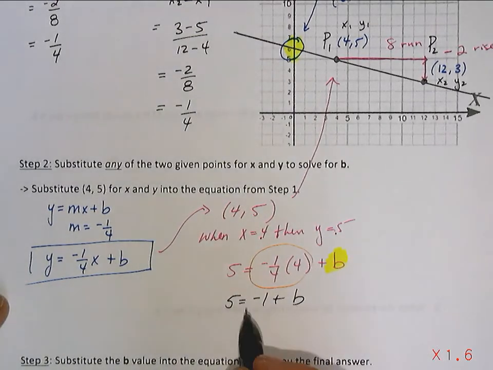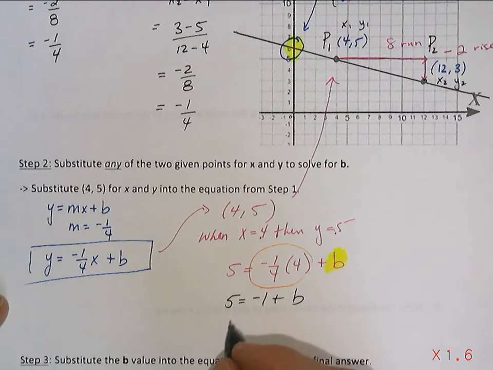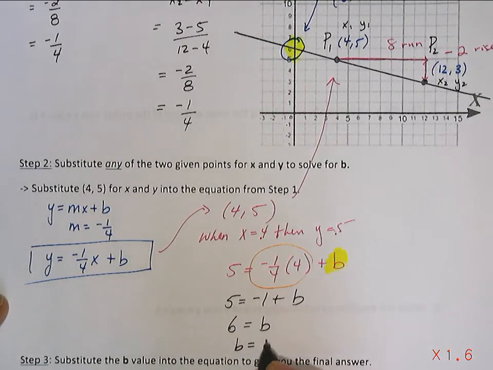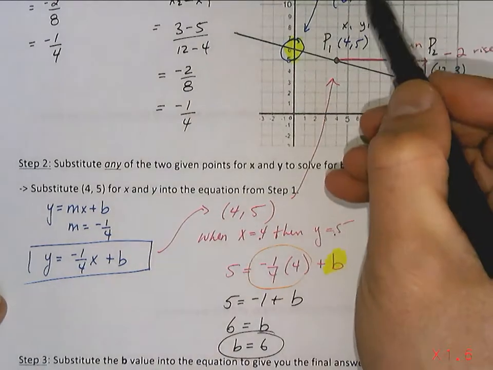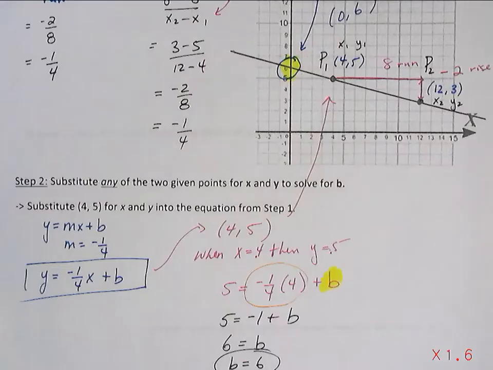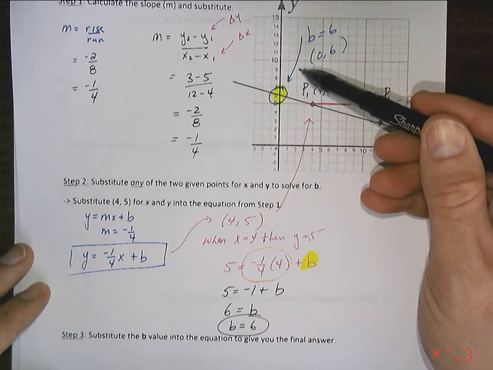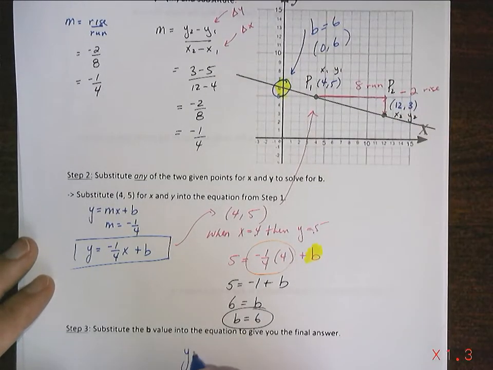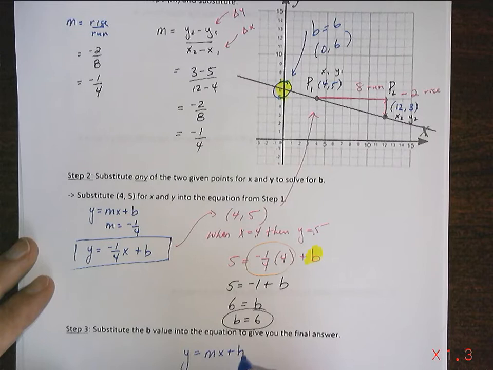Then we take the negative 1 over to the other side, and it becomes 6 equals b. And we learn that b equals 6, which is what we thought it was up here. So the numbers work, and they give us the same answer that we would have expected if we took it from the graph.